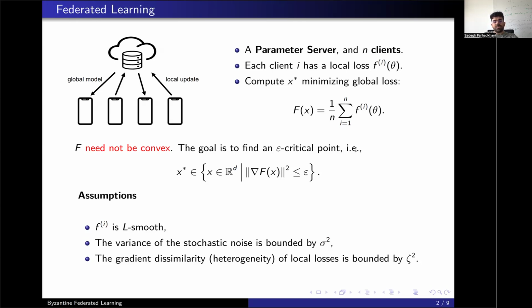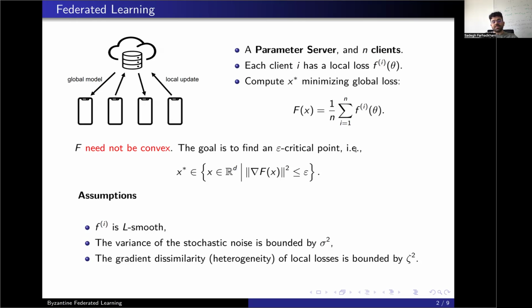In our work, we do not assume this function to be convex, which means the goal of our optimization problem would be to find an epsilon critical point, which is simply any point for which the gradient is smaller than epsilon. And we have some standard assumptions. One of them is that these local loss functions should be Lipschitz smooth.